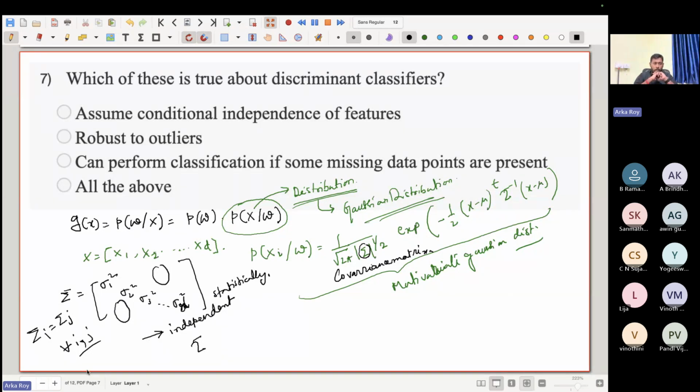That was the first condition. The next condition was that the sigmas are inherently arbitrary in nature.